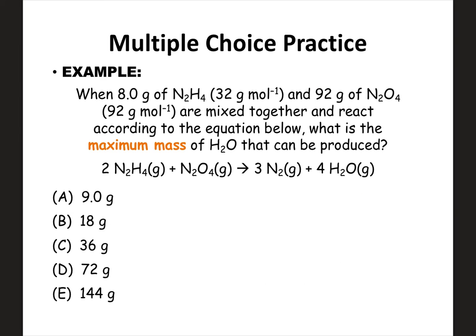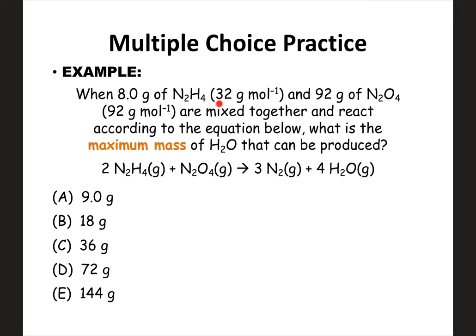This is an example of an AP multiple choice practice problem that you would need to be able to do without a calculator. Looking at the problem, they're telling you that you have 8 grams of N2H4, and they gave you the molar mass in the parentheses. They listed it as grams times mole to the -1, which is the same thing as grams per mole.